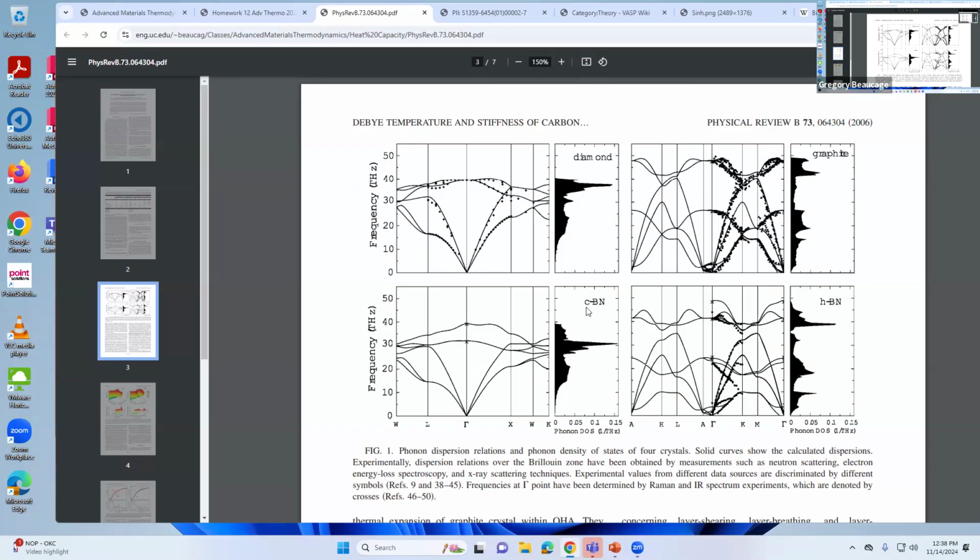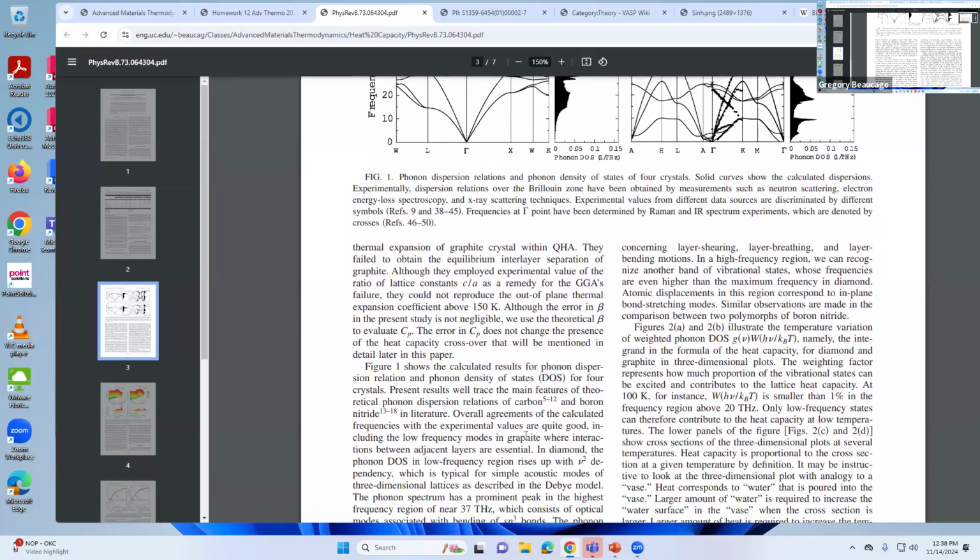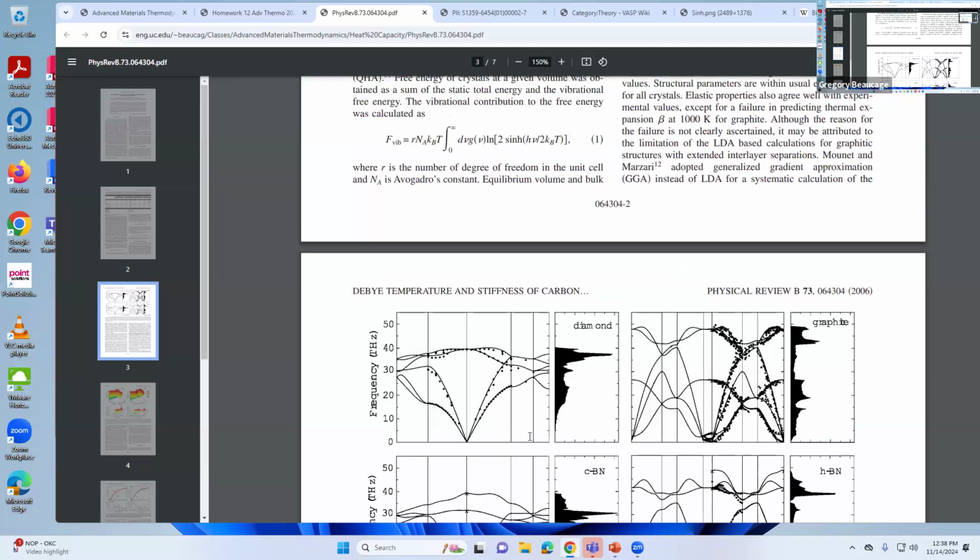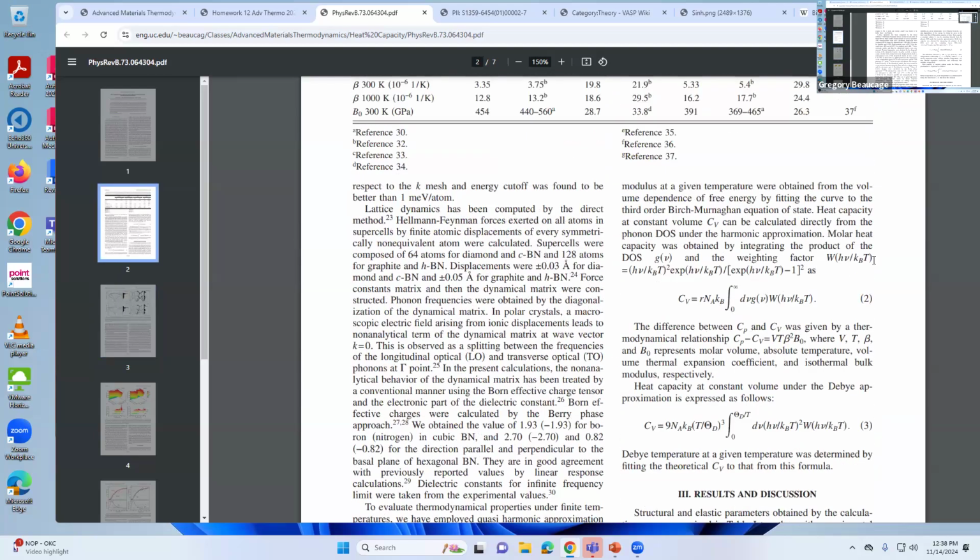Somehow, it's not exactly this curve that you fill, but this density of states times this weighting function, which is the Einstein heat capacity function, like this 1 over T squared, an exponential thing. So it's like the Einstein heat capacity for a free vibration from this past week's homework.